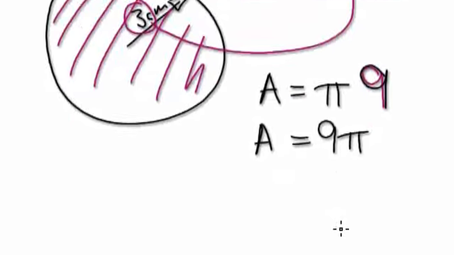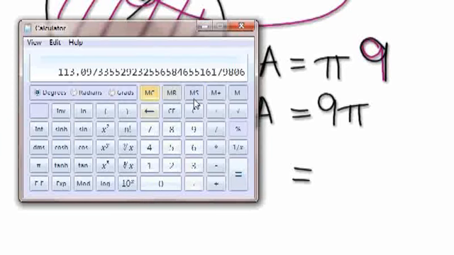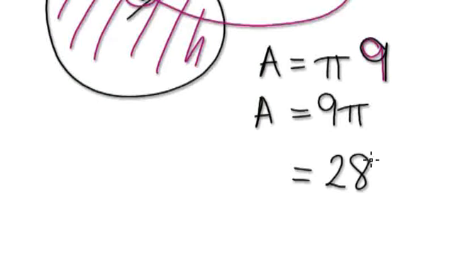Just leave it as A equals 9 pi. If you convert it to a decimal by using a calculator, 9 times pi is roughly 28.